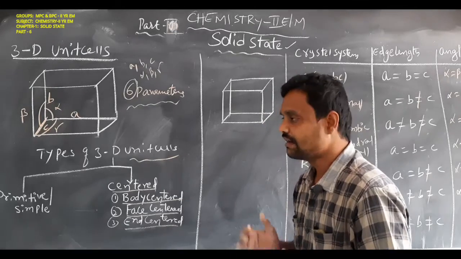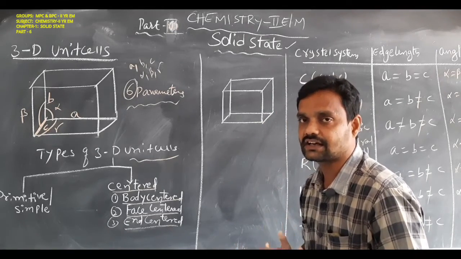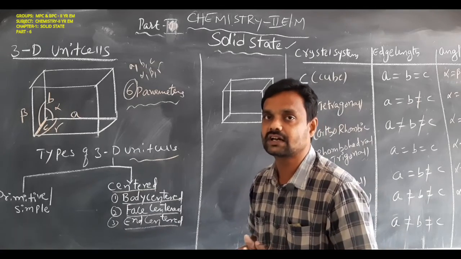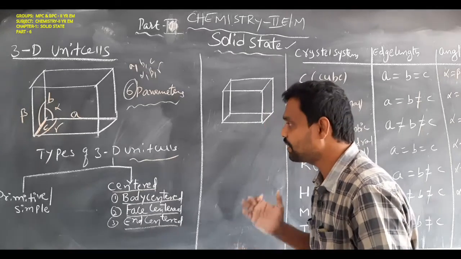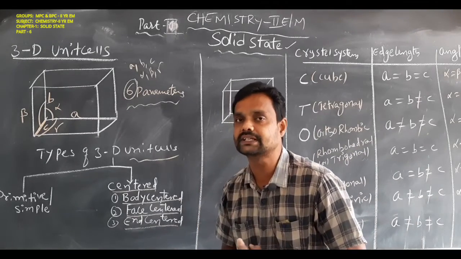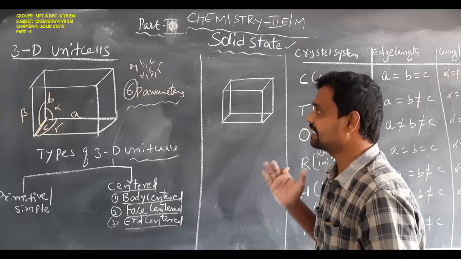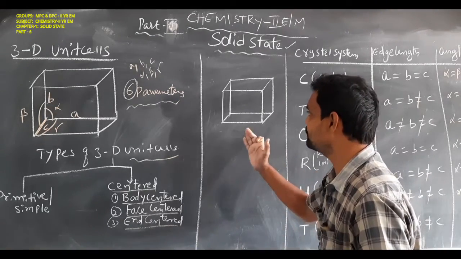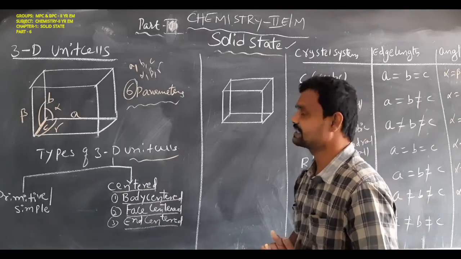When the atoms or ions are present at the corners of the unit cell, that type of three dimensional unit cell is called a simple or primitive unit cell. In a simple cube, this is the simple three dimensional unit cell.